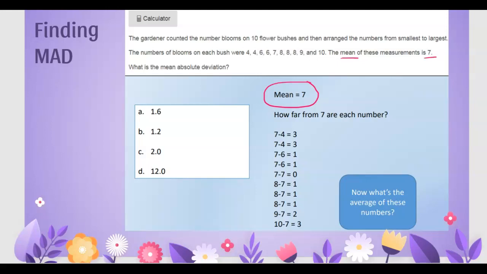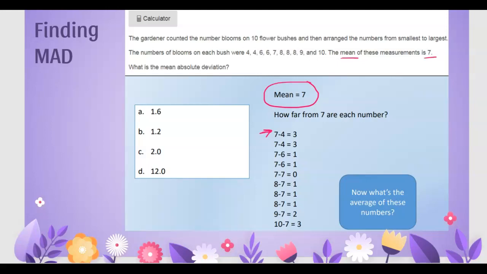We want to know what the mean absolute deviation is. Well, the first thing we have to do is figure out how far from 7 each number is. Each one of our data points. So here's where we're subtracting.